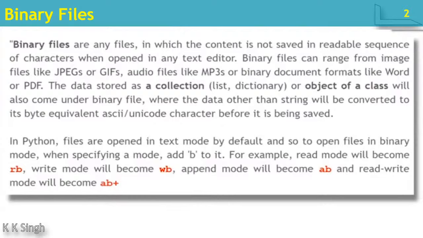Write mode will become wb, meaning write binary. Append mode will become ab, that is append binary, and read-write mode will become ab+. So if you want to read or write into the binary file, you will use ab+. This should be the mode of opening binary files.